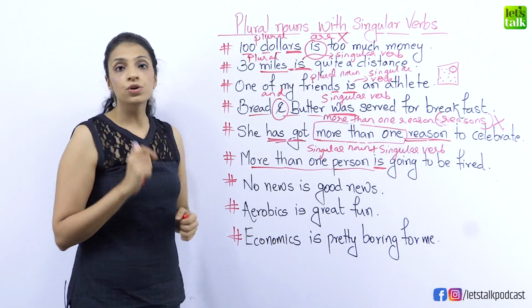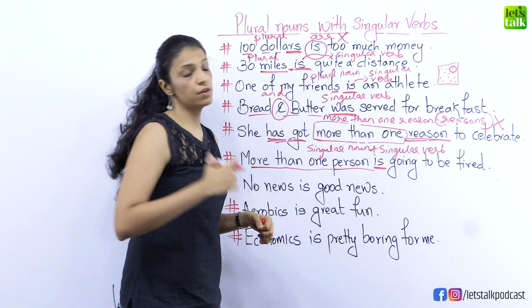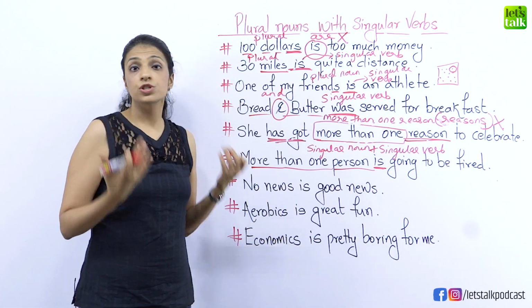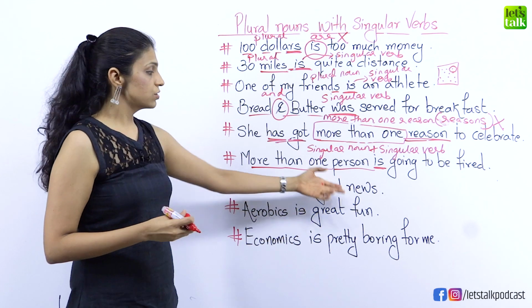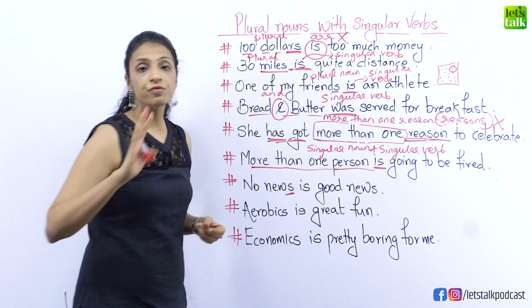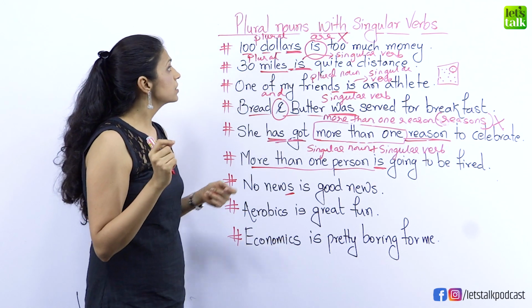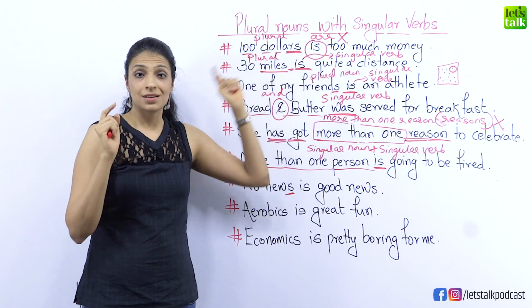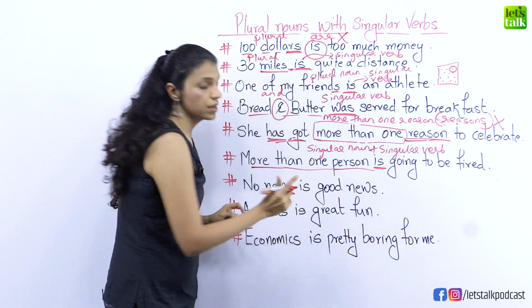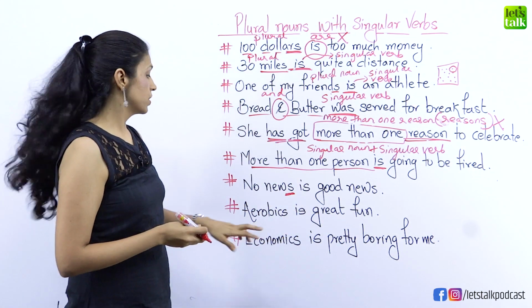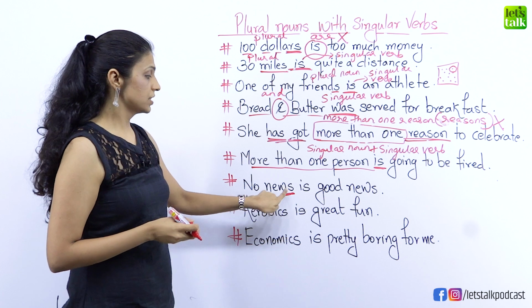The next one, no news is good news. So, if your friend asks you, hey, what news or what's new, you say, hey, no news is good news. Now, news is often misperceived or wrongly perceived as a plural noun. Yes, it does have an S, it looks like a plural noun, but it is singular. So, it stands for north, east, west and south.